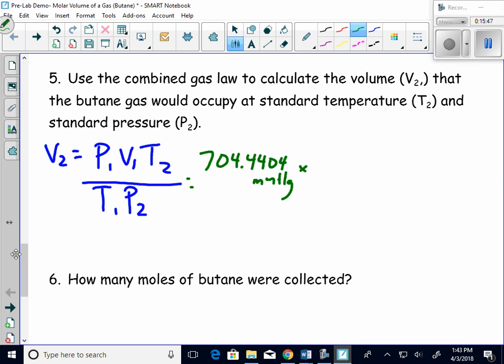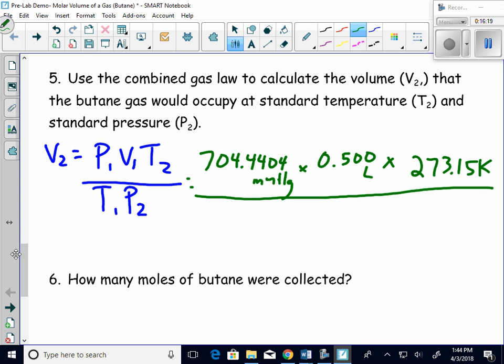My V1, I collected 0.5 liters, right? What was my T2? Well, T2 is standard temperature, because all the 2s are at standard values. In Kelvin, it is 273.15 Kelvin. That's on top.